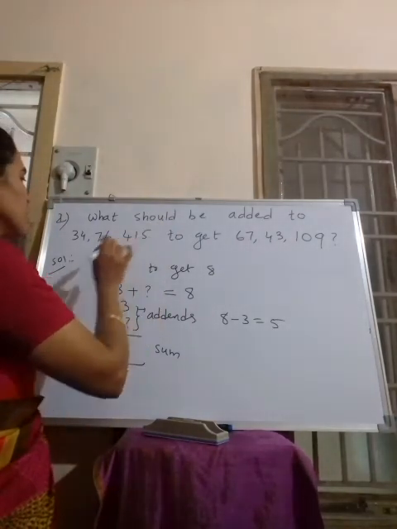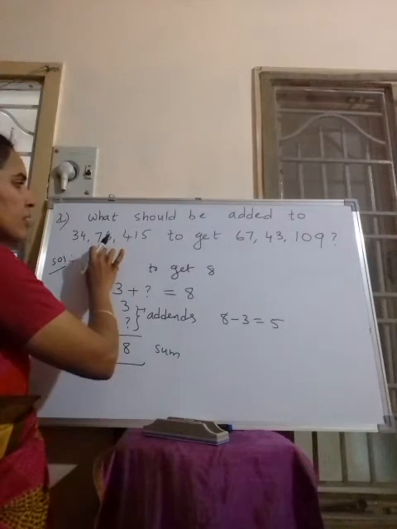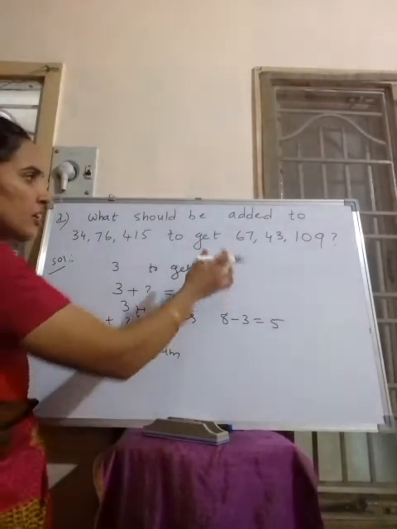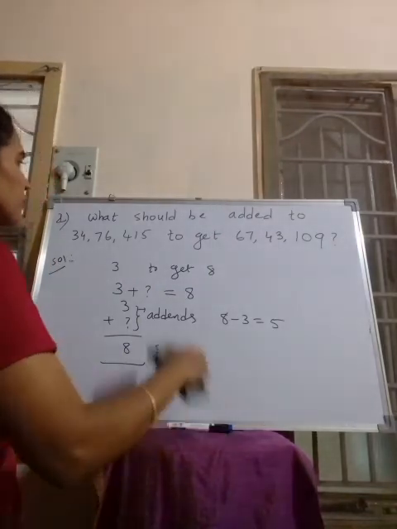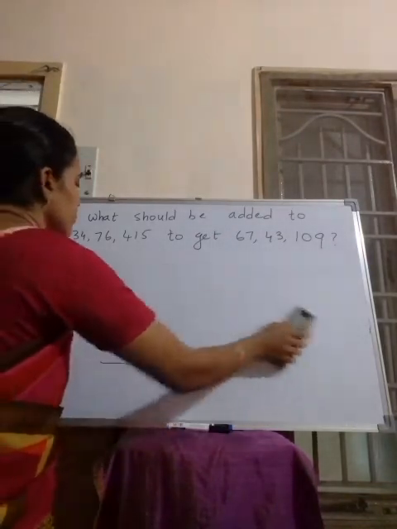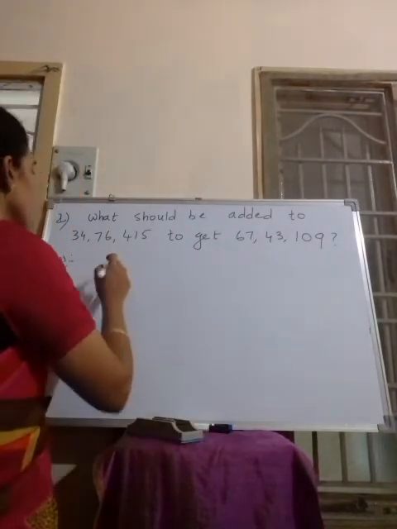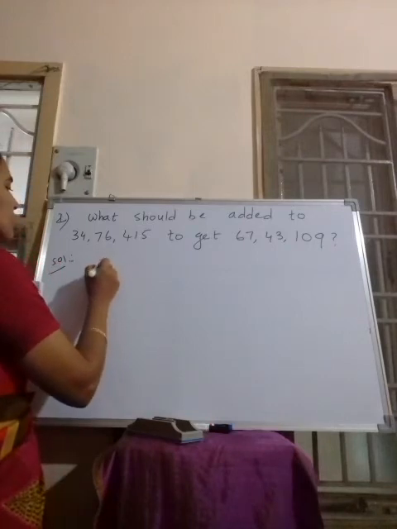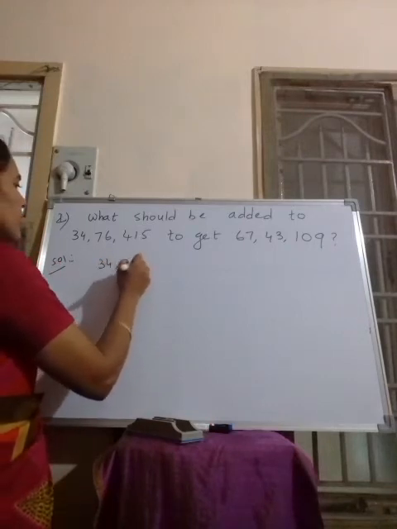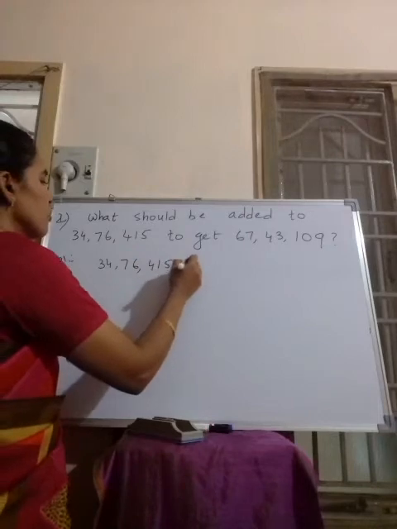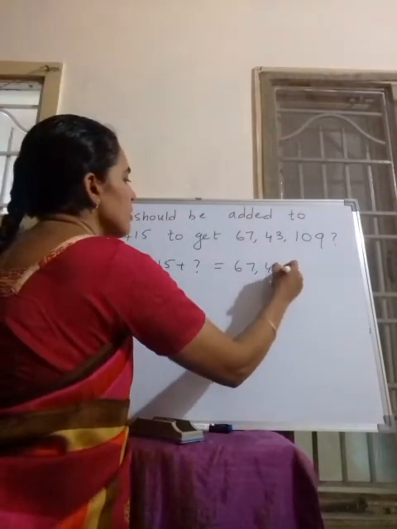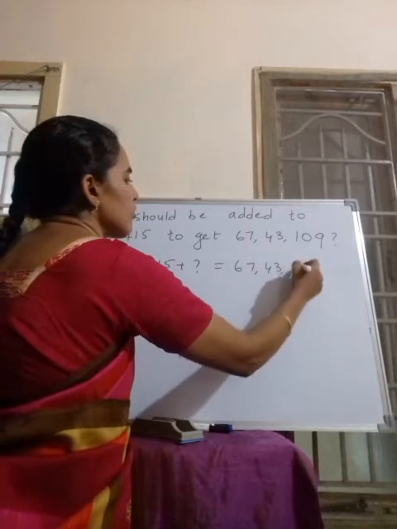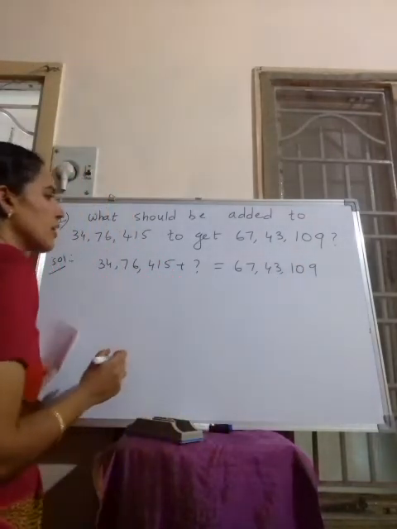Here also one addend is given. They are asking for the other addend to get 67 lakh 43,109. What should be added to 34 lakh 76,415 to get 67 lakh 43,109?